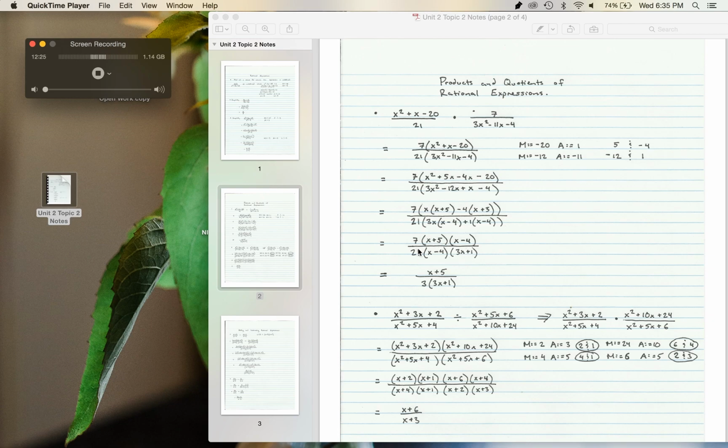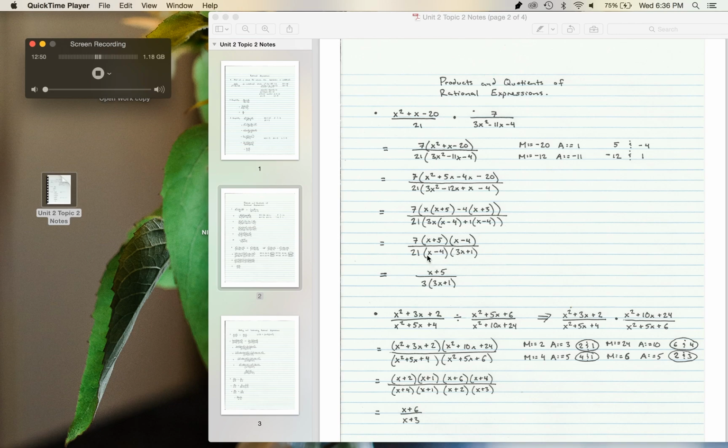At this point, everything on top is just multiplied by everything else. Everything on the bottom is multiplied by everything else. So we are safe to cancel anything that we see. 7 and 21, 7 divides into 21 3 times, so I can cancel this out as 1 over 3. X plus 5, there's no other x plus 5s here, but x minus 4, here's an x minus 4.